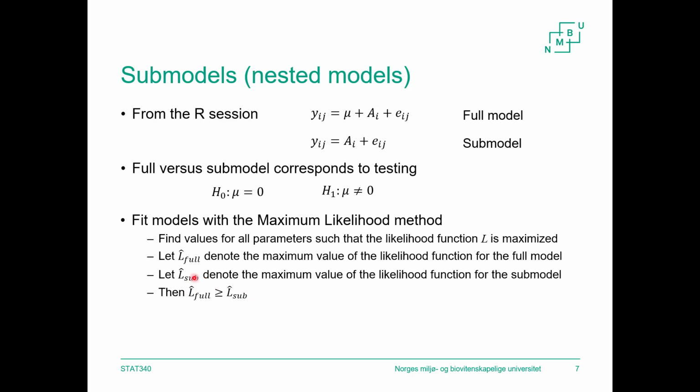This has to do with the size of the parameter space you are searching in, because this contains the same parameters as this one plus some more. So you have more terrain to search over here to find the highest point, and this one is always a subset of this terrain here.